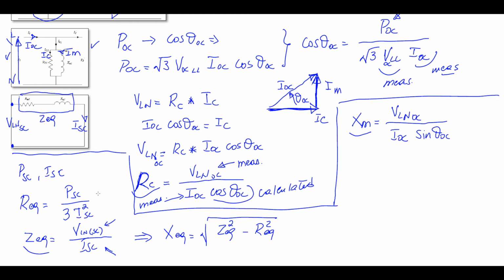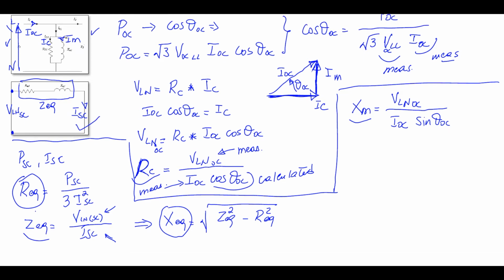So now we found our parameters, the R equivalent, and we found only two parameters here, but we went through Z equivalent to find the second one. So this is R equivalent and X equivalent for this circuit at the short circuit test. Okay, so now those parameters are found.